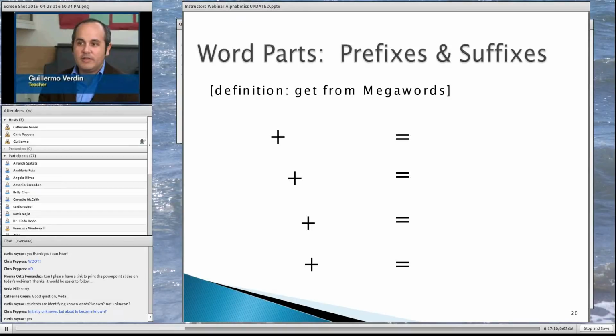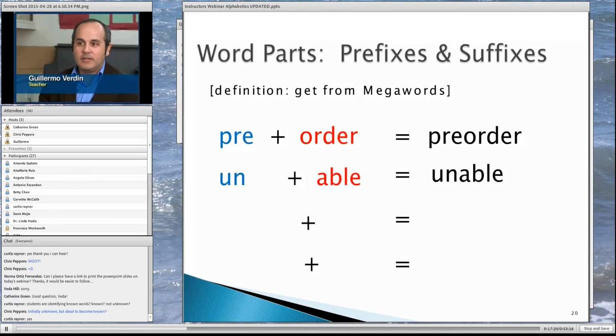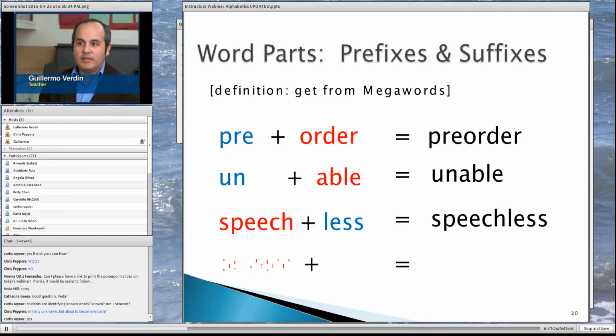In this case, I use it to strengthen the foundation that words are made up of parts. In preorder, we see two parts. I want my students to familiarize themselves with word parts, and the more word parts that are known to them, the quicker, the more accurate, and the more effortlessly they'll be able to decode the word.